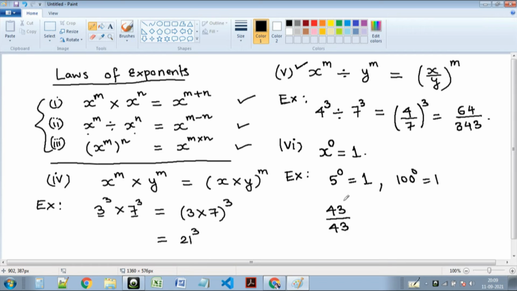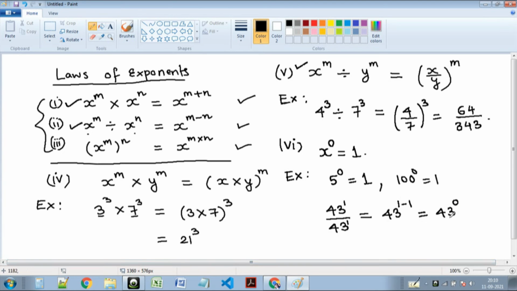Now the power of 43 is 1 here and here also the power is 1. So whenever I want to apply this law, since they are in division, that means their powers will get subtracted. So I can write 43 to the power 1 minus 1, which is ultimately equals to 43 to the power 0.